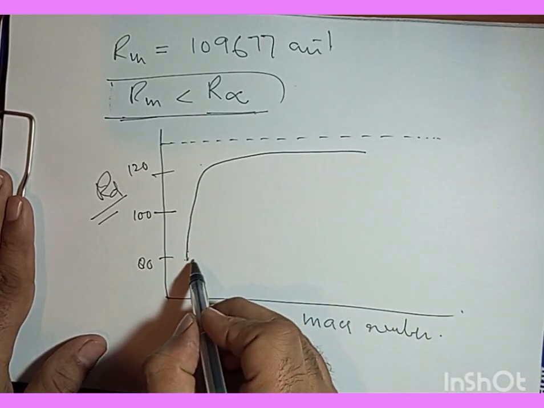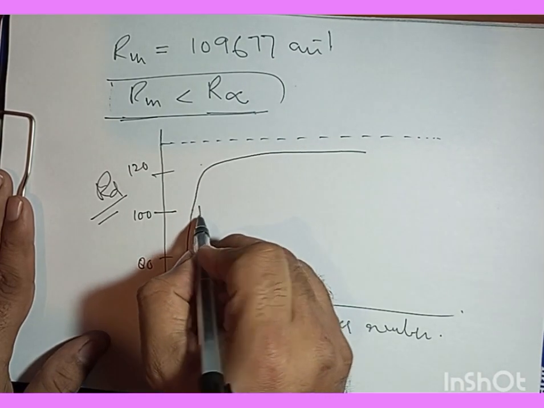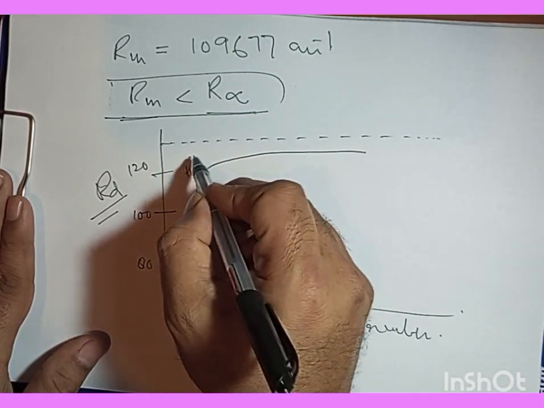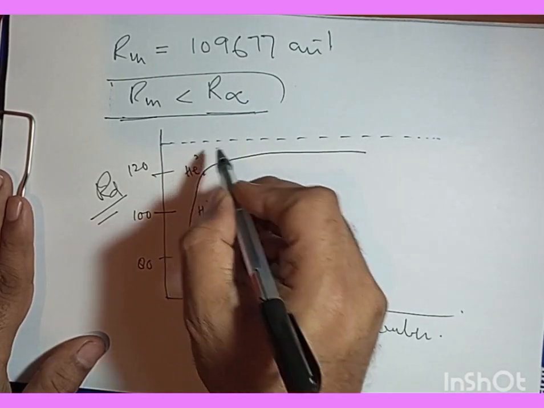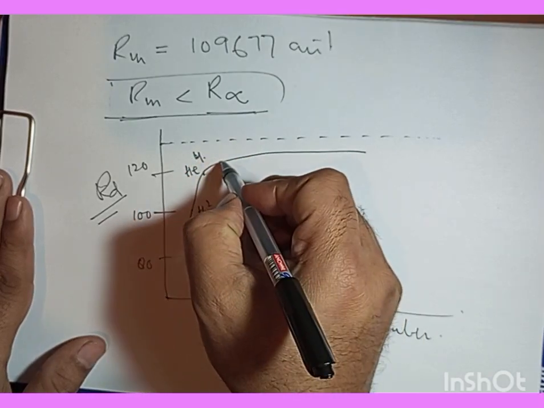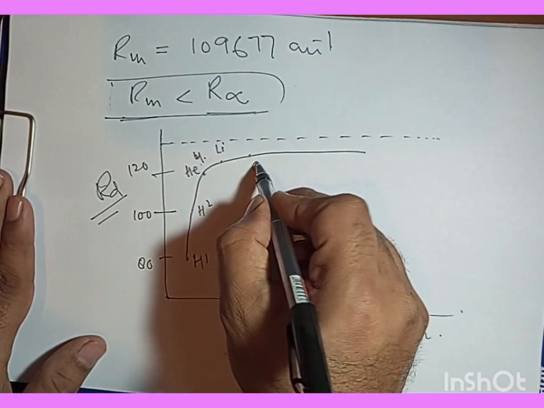At the bottom of it is H1, and here we have H2, and here we have nearly He2, and here I have He4, and then we have lithium, and then we have oxygen.